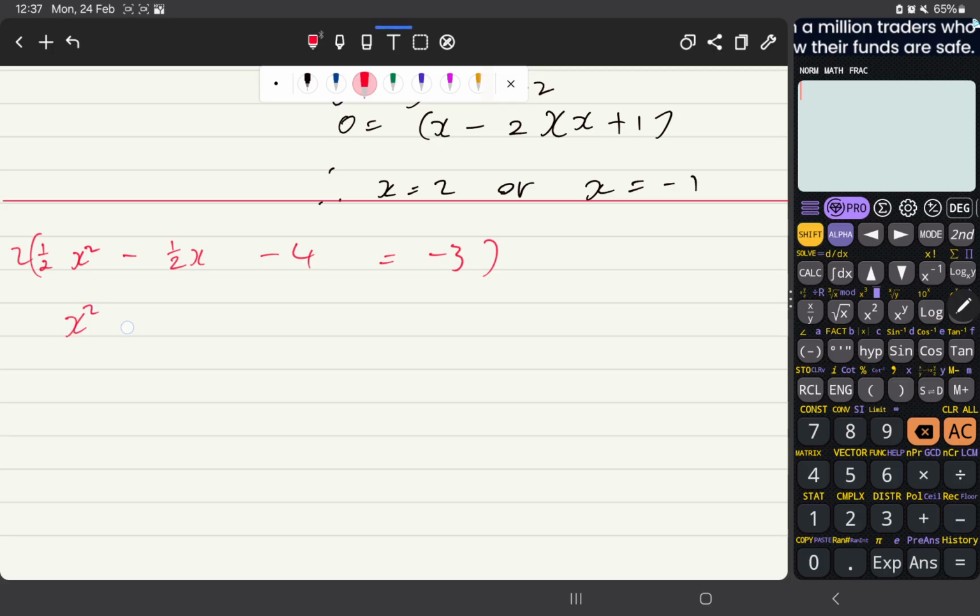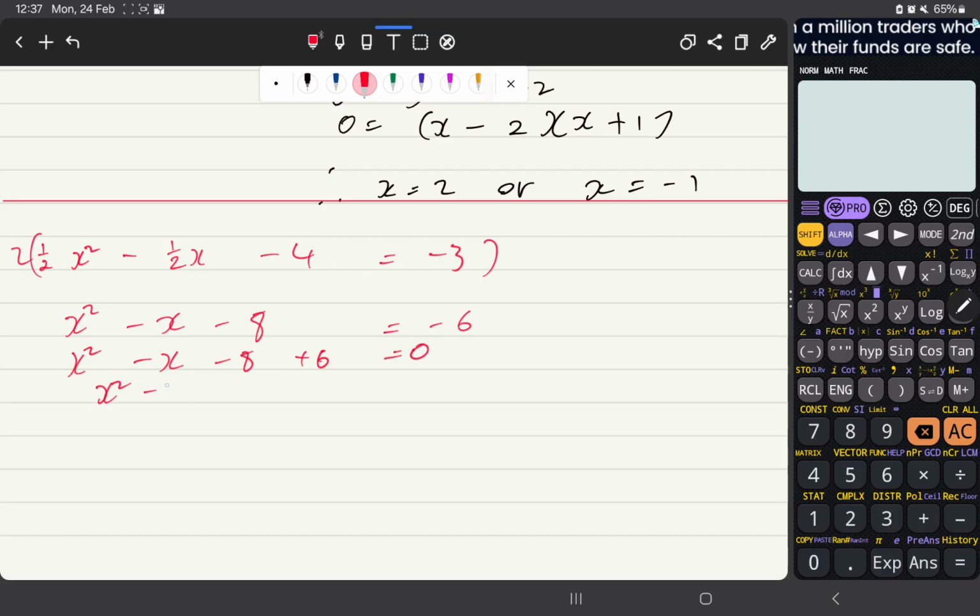I get x squared minus x minus 8, and I have minus 6. I transpose: x squared minus x minus 8 plus 6 equals 0.